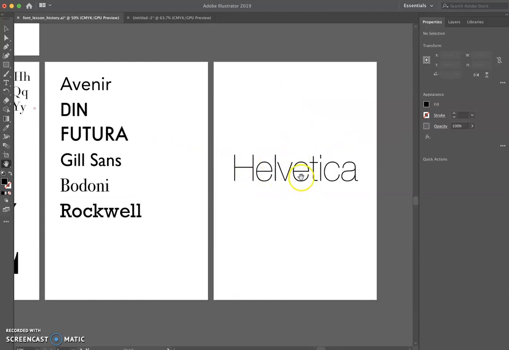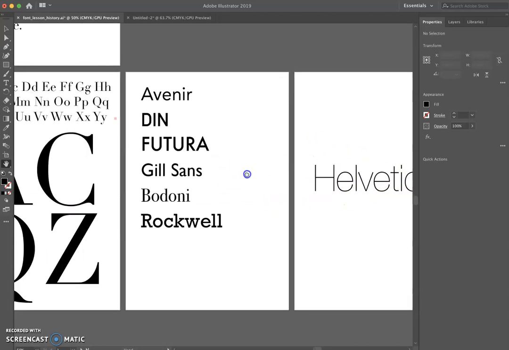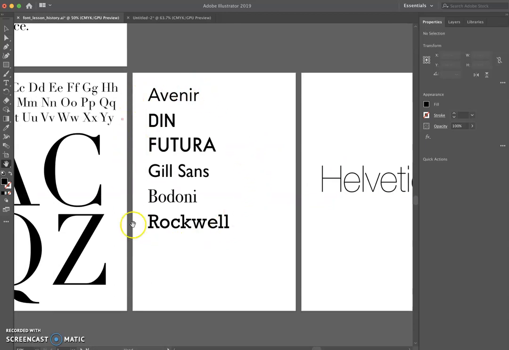There are hundreds of versions of Helvetica with different weights, and some designers love this typeface. Some designers can't stand it, I think because it's everywhere. Some people really don't like it. Anyways, these are some good choices if you're ever looking for typefaces to work with.